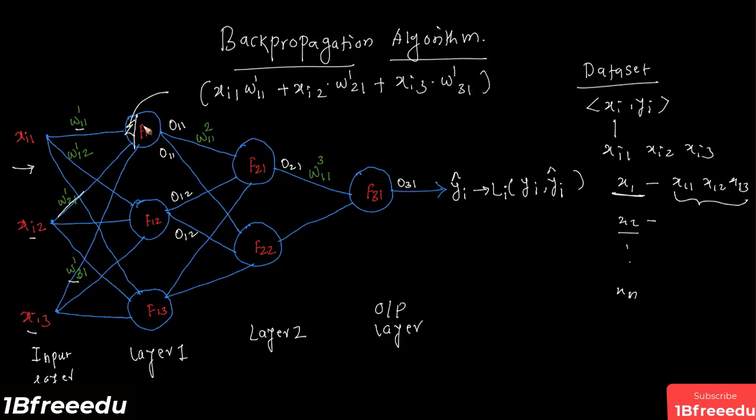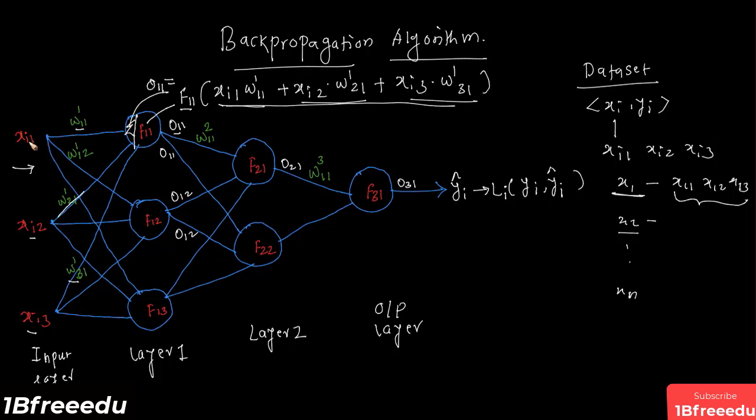These multiplications are summed in this neuron, and on that sum we apply a function called the activation function. The function here is f11. The result of applying this activation function on this sum is nothing but this output. So O11 is equal to applying this function on this sum, and that is the output of this neuron.